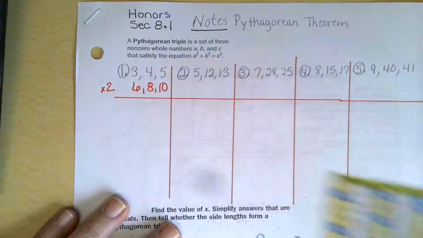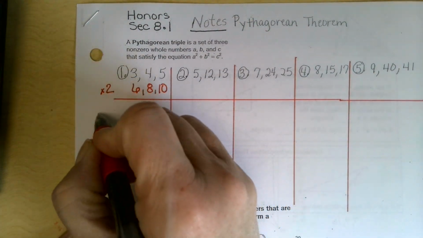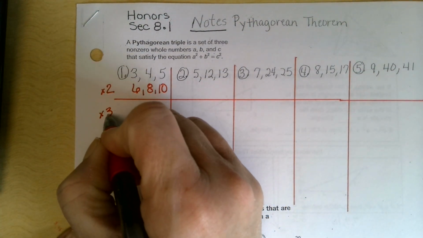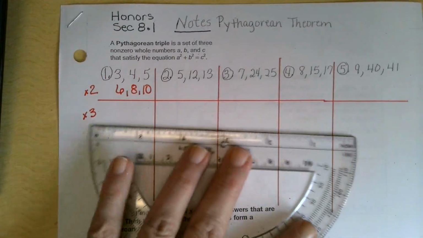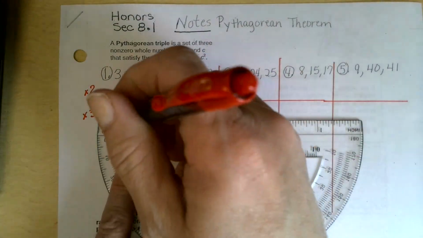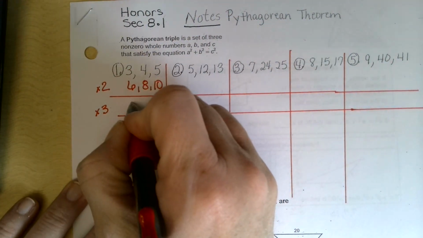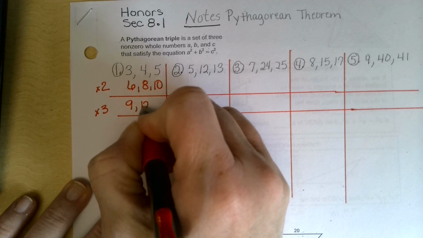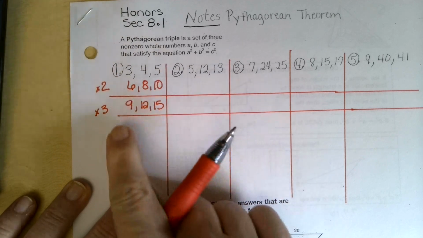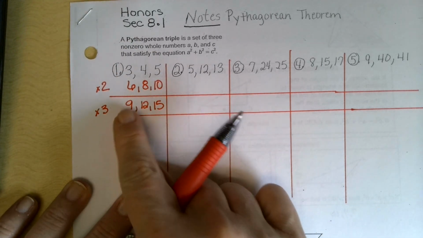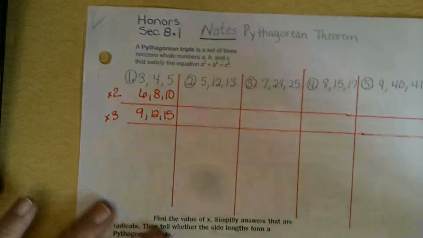Well, what if I took that Pythagorean triple and I multiplied it by 3? Okay, I'm just going to make another row here real quick. If I multiplied it by 3, that would be 9, 12, 15. And again, these are the sides of a triangle. 9 squared plus 12 squared equals 15 squared.